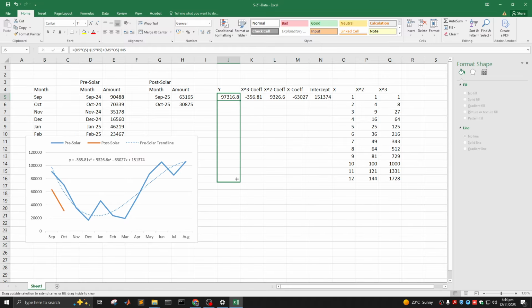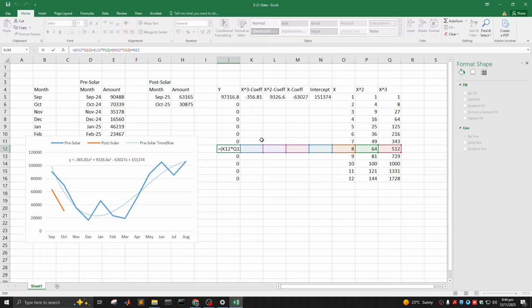I can always drag this all the way down to get the remaining data points, but I seem to have a problem, and I'll click a random place and go to the formula bar just to verify. So you see these, when you extended this formula, it also extended for the coefficients, but the coefficients are constants. They're supposed to remain the same. So this was supposed to remain the same for all of them, right? So one of the ways you could fix that is by inserting dollar signs on the coefficients in your calculations, right?